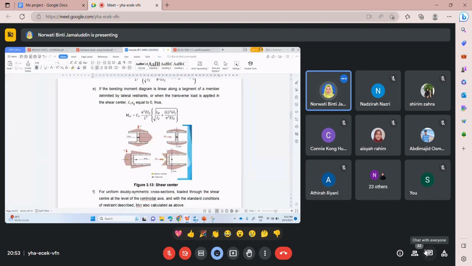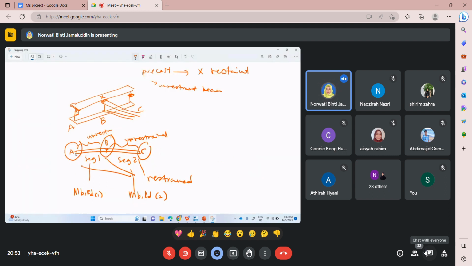Here it is: linear along a segment. If the moment diagram is linear along this segment, then certain factors will be 0.